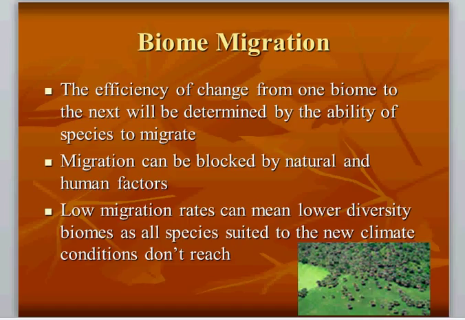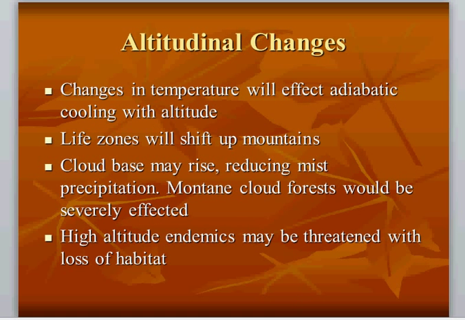So in Trinidad, for example, about 50% of the endemic plant species which are found in Trinidad are actually found on the tops of the mountains of the northern range, in places like Aripo, El Tucuche, Mont Bleu. And if the cloud base rises, their habitat will be lost and they really have nowhere to migrate to.